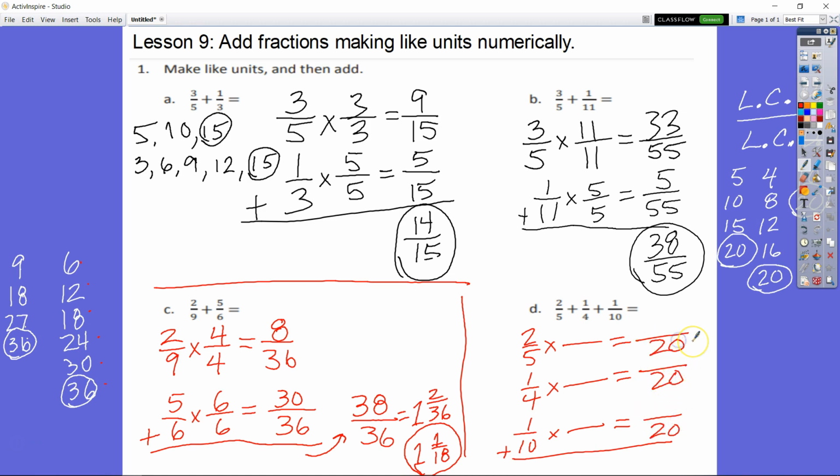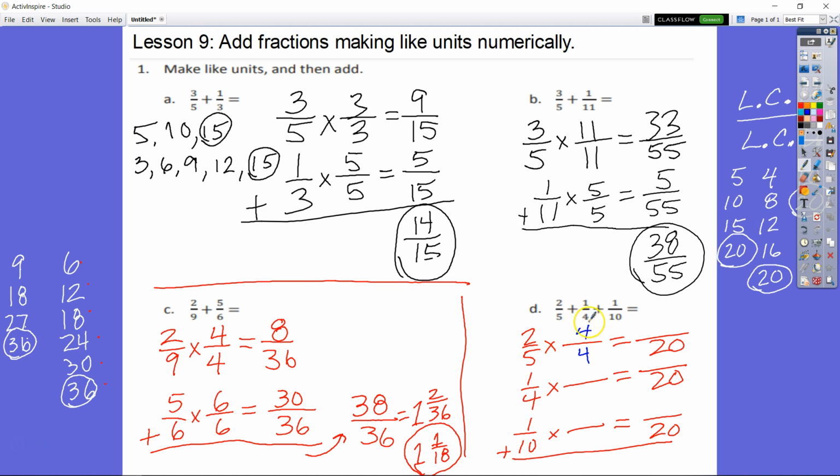So now we can just ask ourselves, 5 times what equals 20? Go to our multiples here. Well, 5 times 1 was 5, 5 times 2 was 10, 5 times 3 is 15, 5 times 4 is 20. So I know that I'm going to have 4 over 4 because that's equal to 1. It's not going to change this 2/5. It's just going to give it its equivalent form.